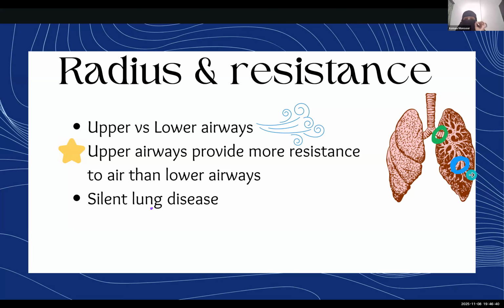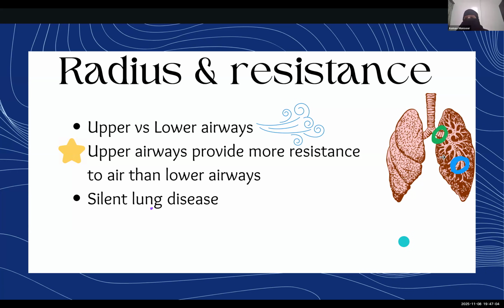Still, the effect on the total radius from 1000 will be like 950 only. When you check the resistance, it's not much of a difference, even though there's still a cancer growing.